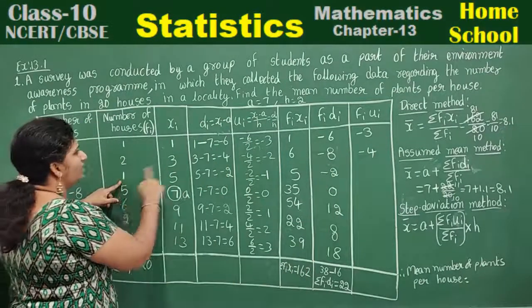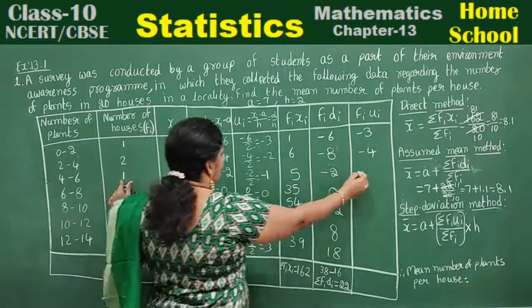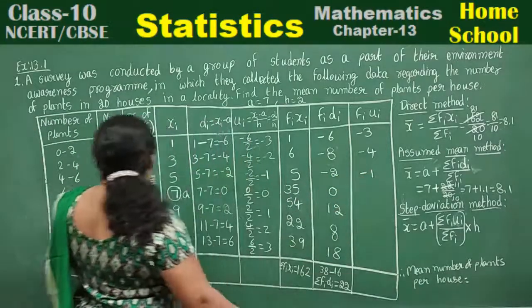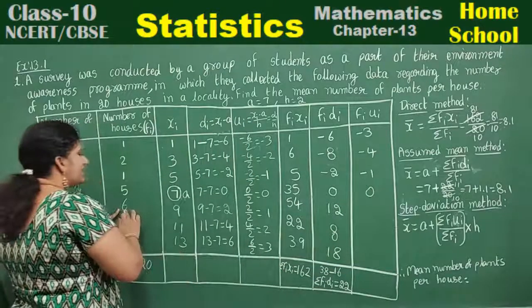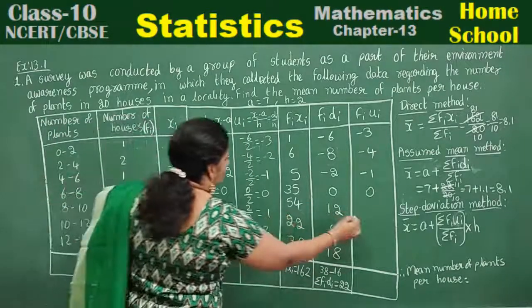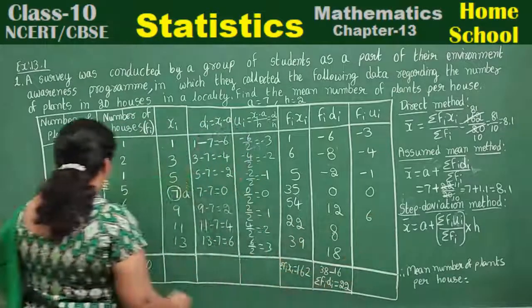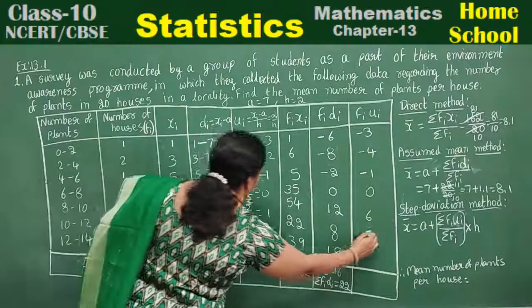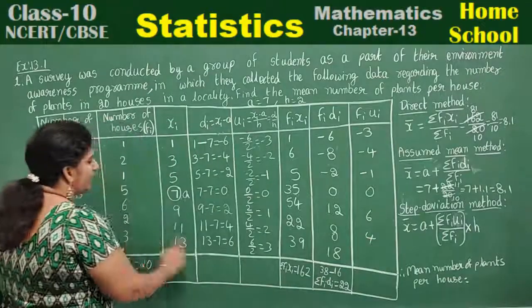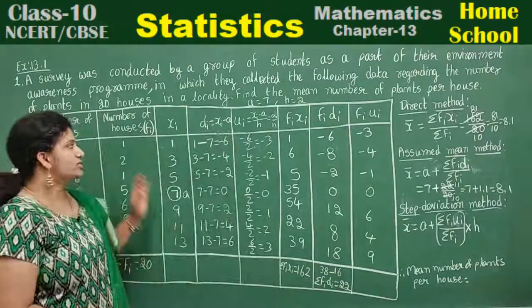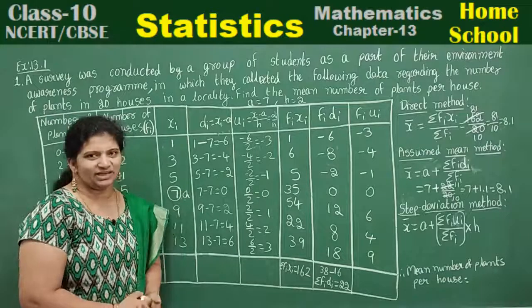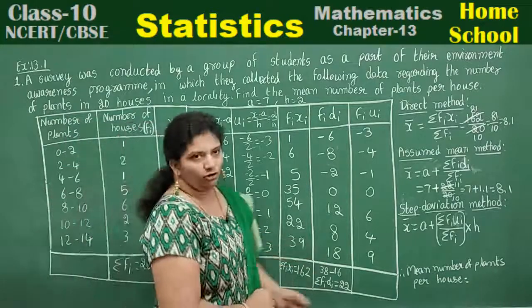Next one, 1 into minus 1, minus 1. 5 into 0, 0. 6 into 1, 6. 2 into 2, 4. 3 into 3, 9. The table is almost completed with one pending column.